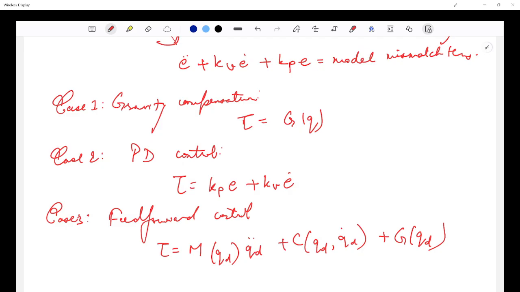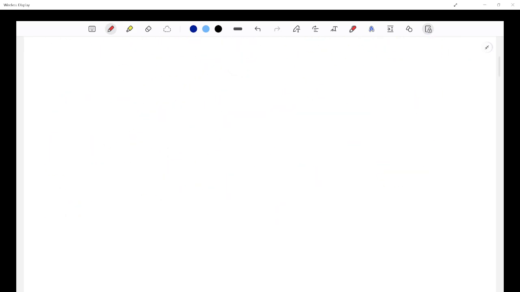Okay, now let's talk about constrained motion.